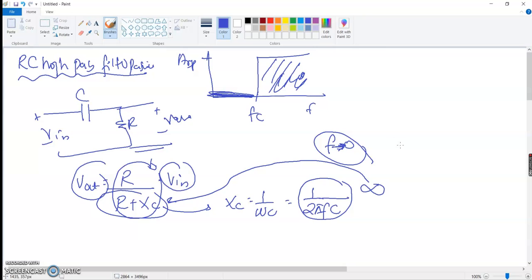The next thing is if I try to approach the frequency to infinity, right? If I have an infinite value for frequency, then XC would become very low, approaching 0, which means this fraction would be just R over R, which is 1.